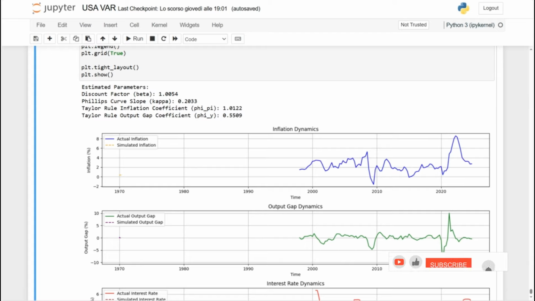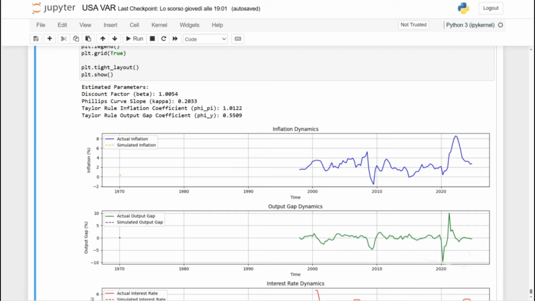Then it measures also, you see here, the Phillips curve slope. So it derives the slope of the Phillips curve, and on this basis it tells you, okay, for a 1 unit increase in the output gap, the Phillips curve slope measures a 0.20 increase in inflation.